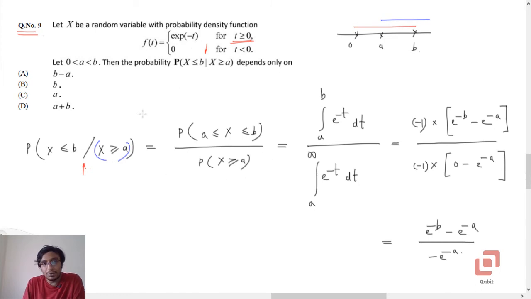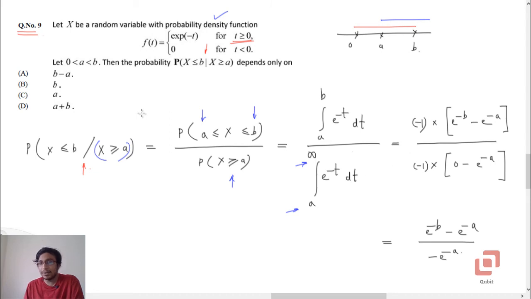We already know the definition of PDF, so we use it now. First we'll determine the numerator, which will be integral a to b e to the power minus t dt. In the denominator we simply have probability that x is greater than or equal to a, so it will be the definite integral with t running from a to infinity of the same function e to the power minus t dt.